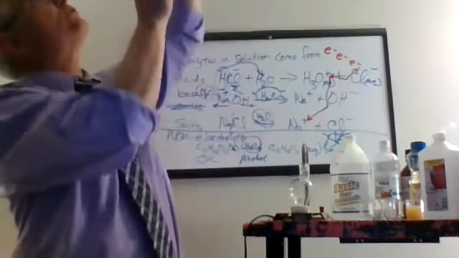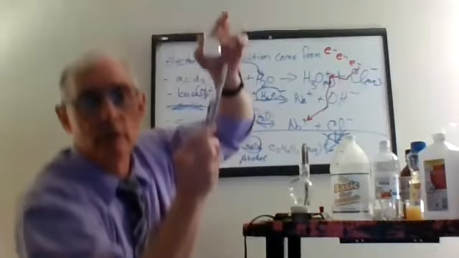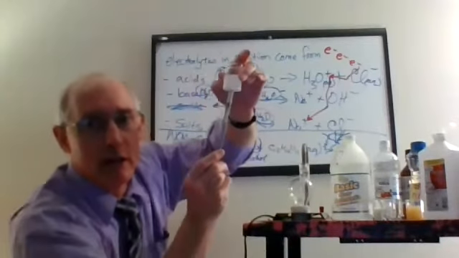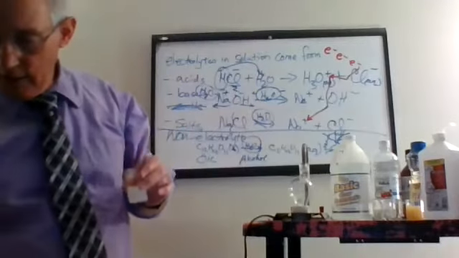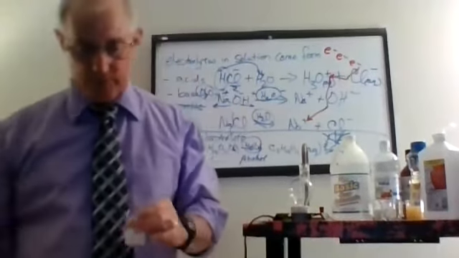And if all those little crystals go away, which they have, you can look at the bottom, there's nothing down there, then you can go ahead and say that it's unsaturated. When it's unsaturated, it can hold some more.